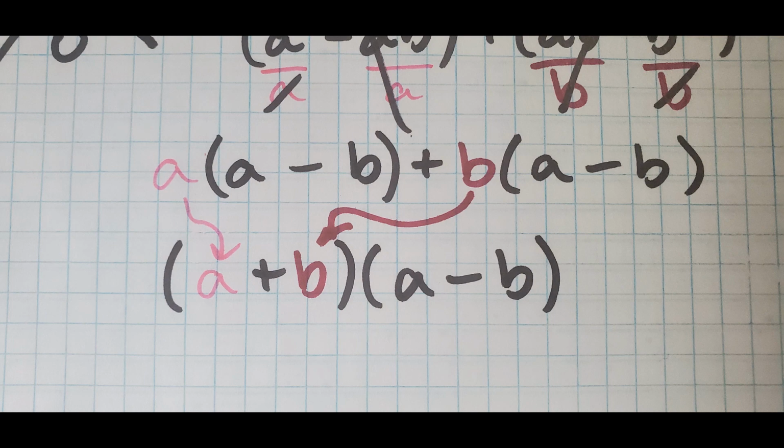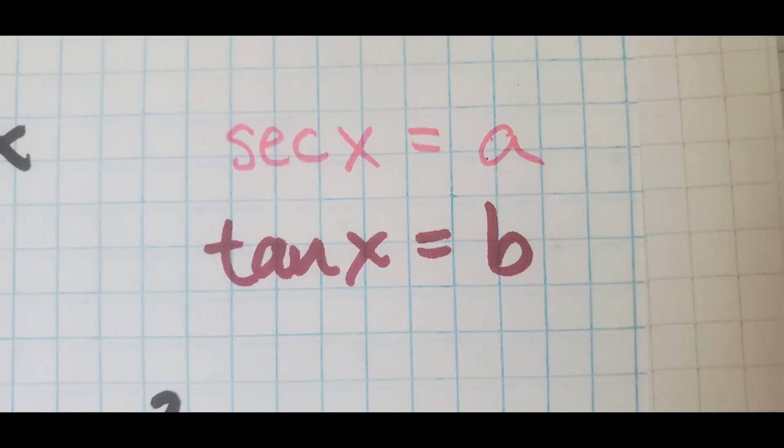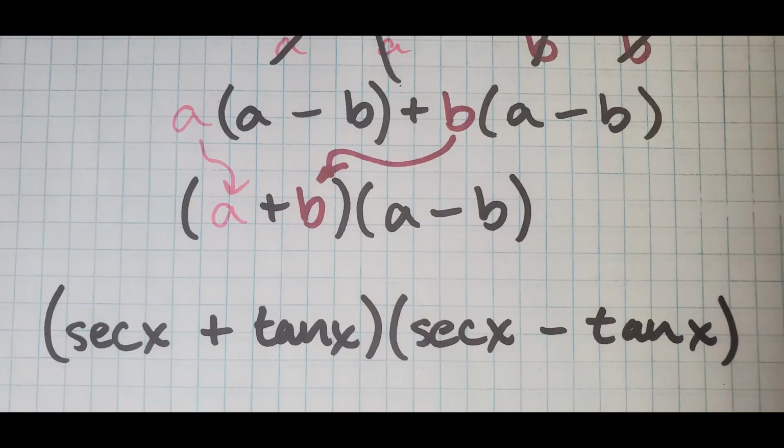Now, at the very beginning of the problem, we said secant of x equaled A and tangent of x equals B, so we have to replace all those. Instead of A plus B times A minus B, we toss all those trig identities in there, so you get this big mess, but that's your answer.